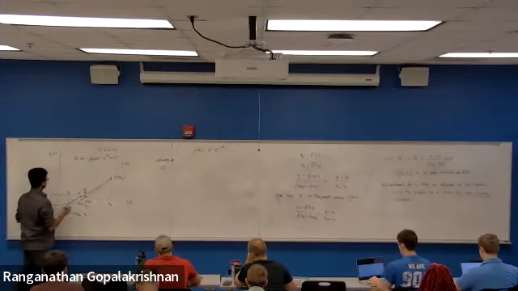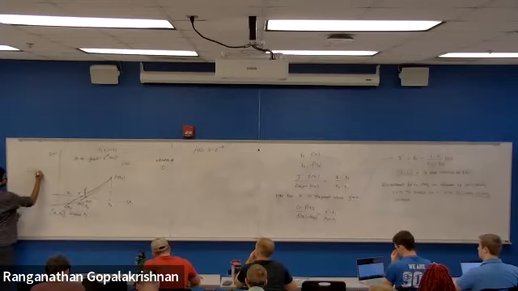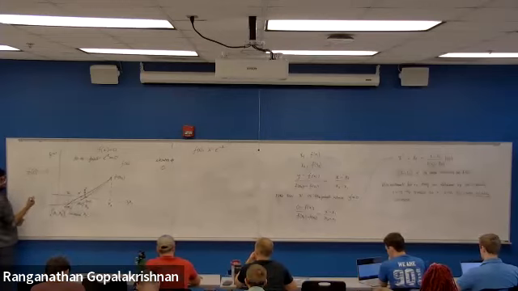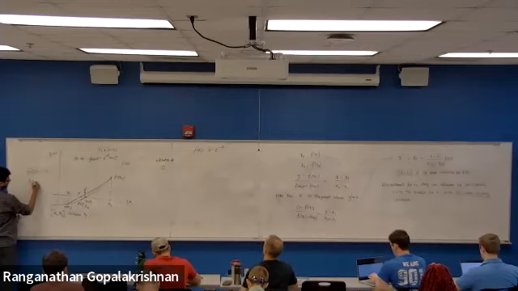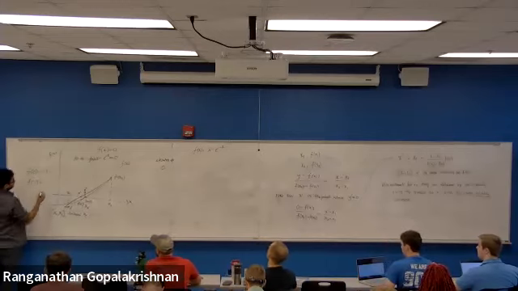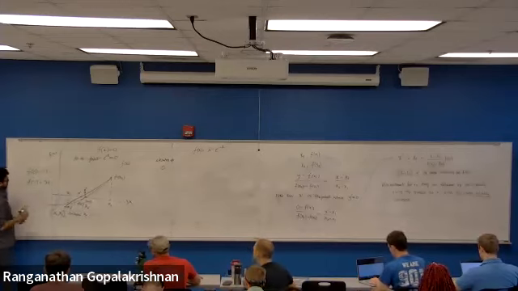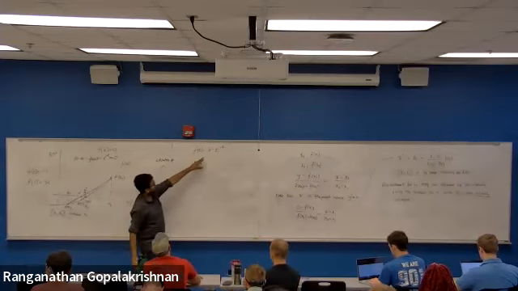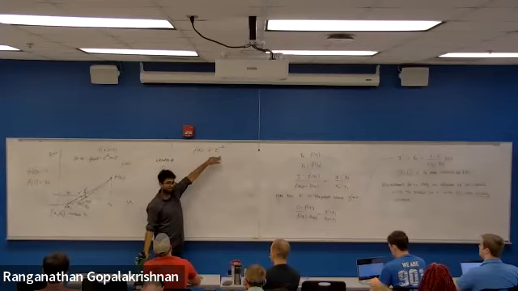What is f of 0? Minus 1. And what is, say, f of 1? It's something positive. That is 1 minus e power minus 1. That is a positive number clearly.